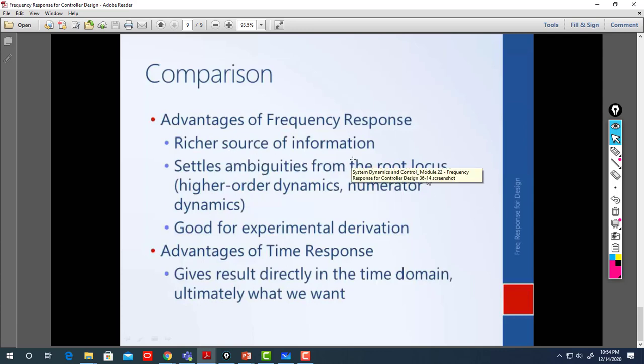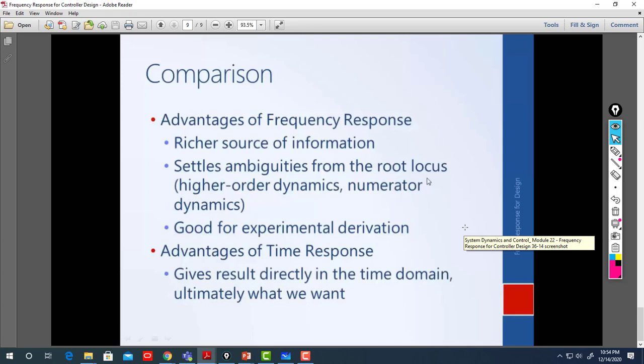It is a richer source of information, so we can have higher order system prediction and so on. It is also good for experimental derivation. For experimental derivation of a model, we use frequency response, because it gives you richer information.